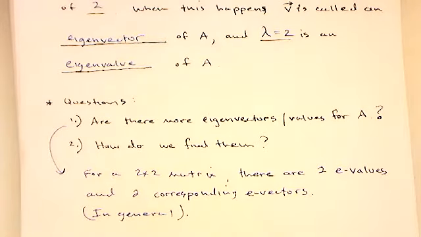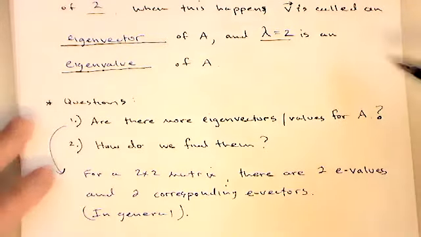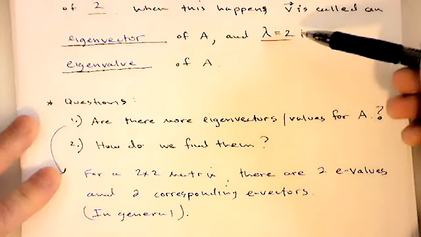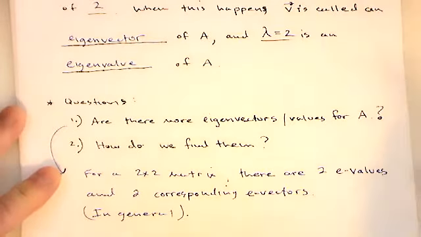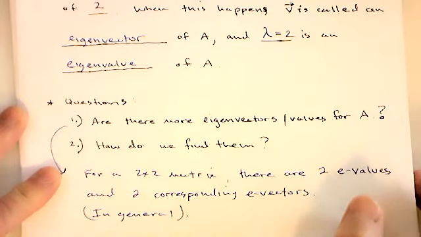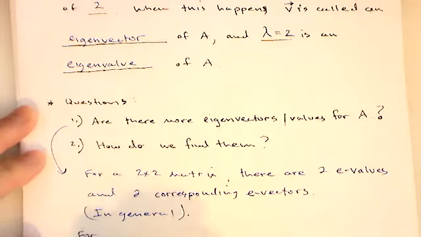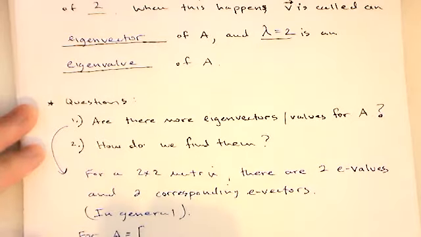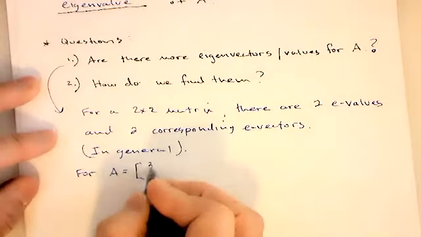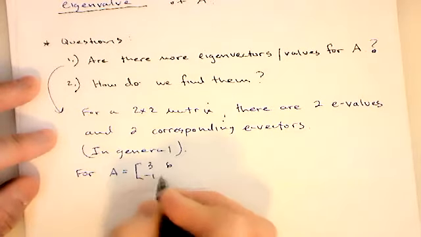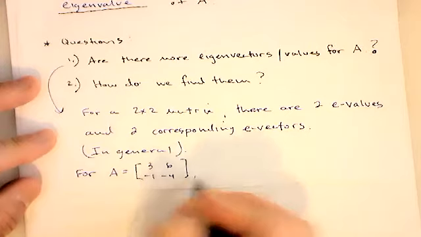Okay. So we found one of our, for our matrix A, we know one of the eigenvalues is 2, and we know one of the eigenvectors is... so I'll put A equals, what was our matrix? Our matrix was 3, 6, -1, -4.